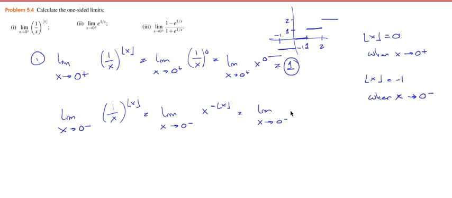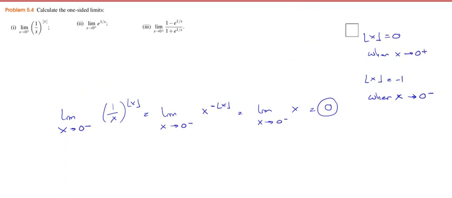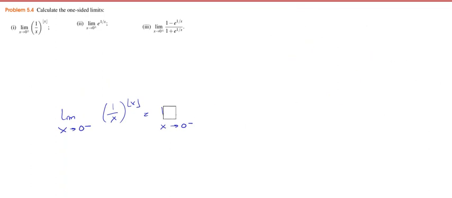So this is x to the minus minus 1, x to the 1, x. The limit of x when x goes to 0 is 0. So you have a discontinuity here at 0, because the limit from the left and the limit from the right are not equal.